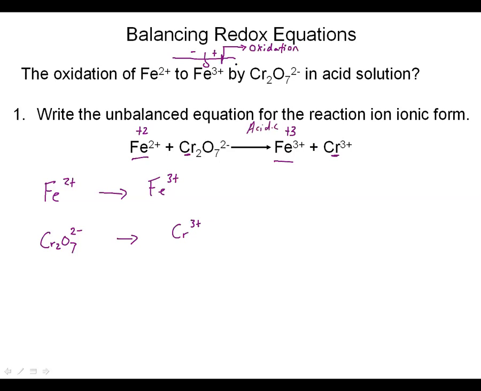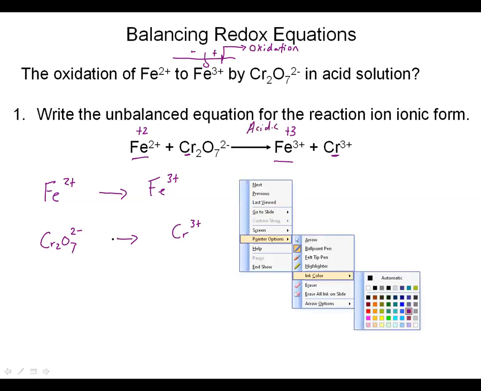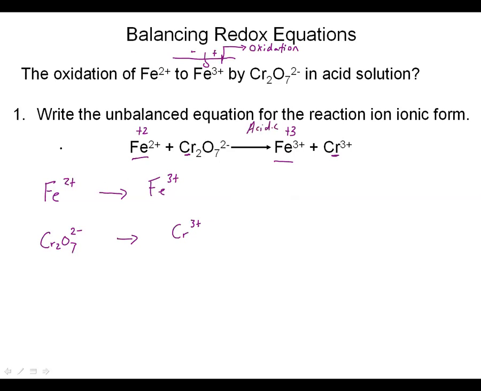You could also do the same thing for the chromium, and I think we did that one in lecture in terms of its oxidation state. Oxygen is -2. That gives you -14 plus -12 with the -2 that's there. So this is going to give us +6 for our chromium here. Chromium is going to be +3 in this case.